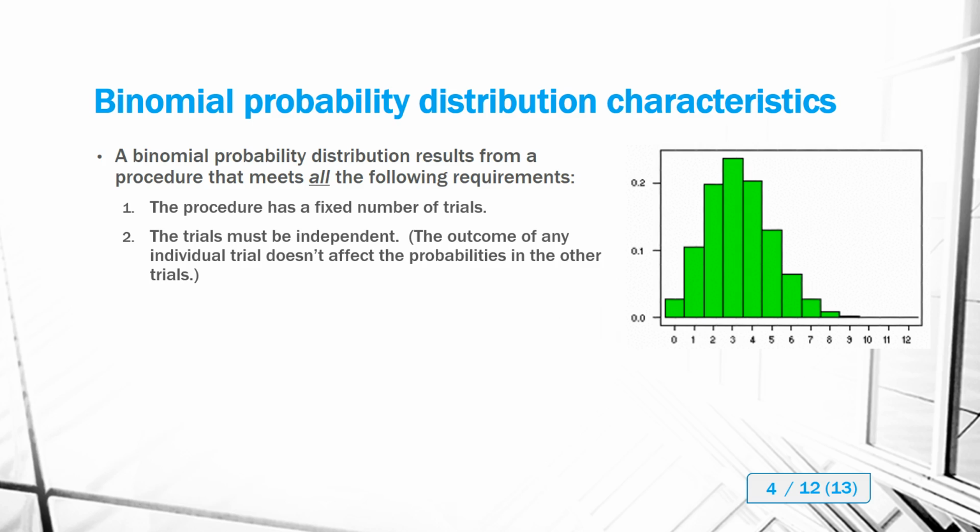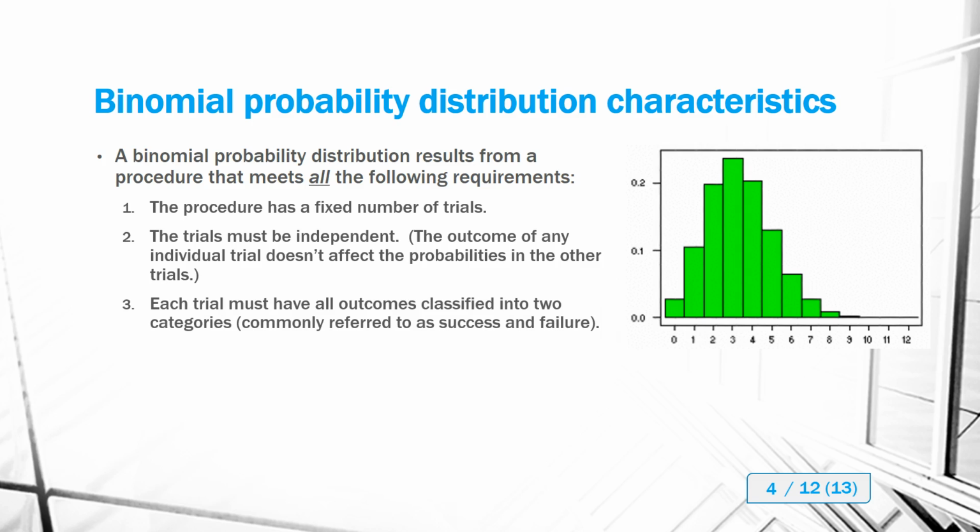The trials must be independent. We understand that independence in this context means that the probability of any one outcome is not determined or affected by the outcome or probability of any of the other outcomes. So the trials must be independent. In addition, each trial must have all outcomes classified one of two ways.